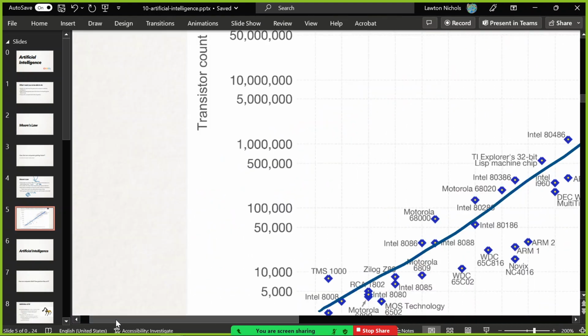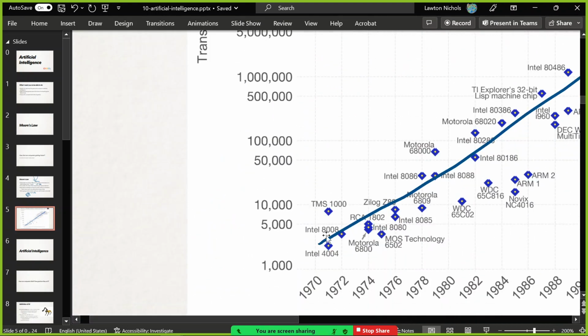Back in the day, the early Intel processors, they had about like 5,000-ish transistors. This is back in the early 70s. And then the Motorola 6800 came out. That was key in Apple computers, and also a lot of early video game consoles. Again, on the order of like 5,000 transistors.